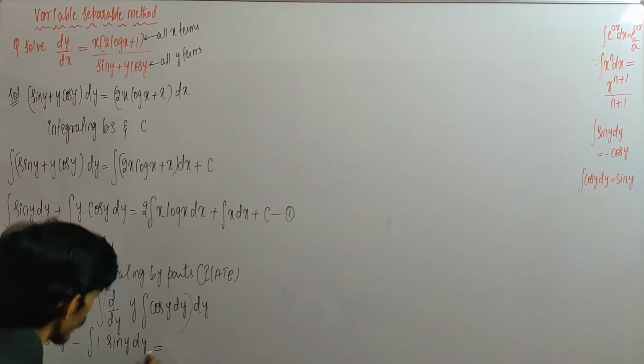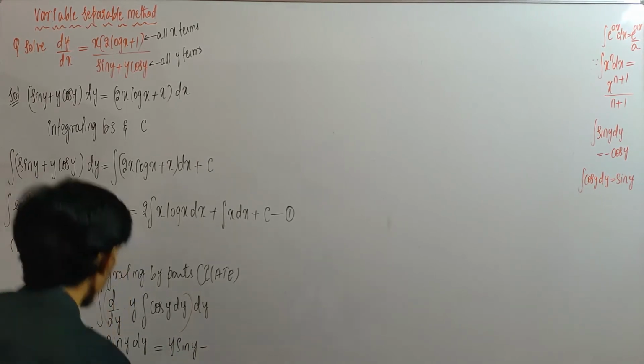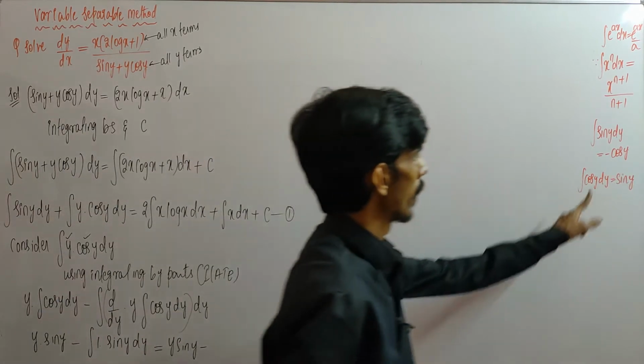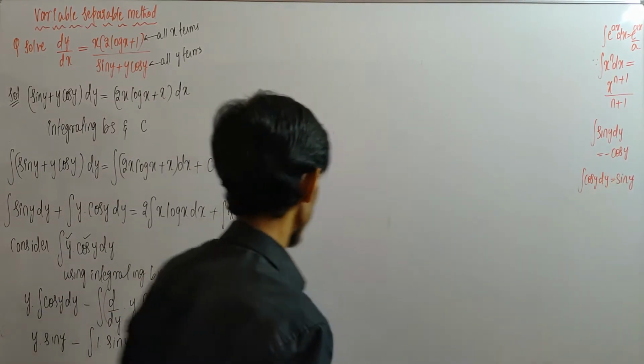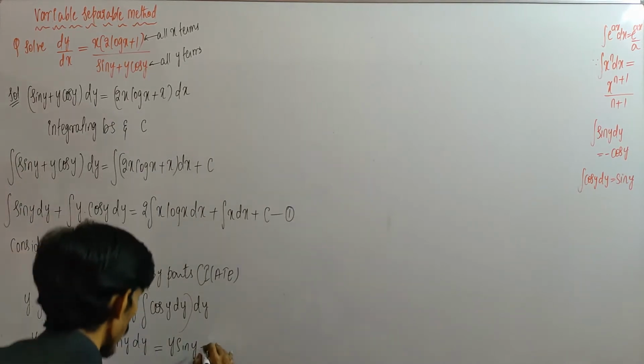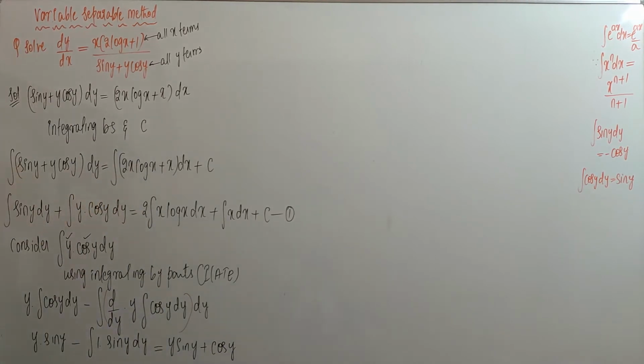Now this will become y sin y minus integration of sin. Integration of sin is minus cos, and here we already have a minus, so this minus will become plus cos y. We got the value of this integration.